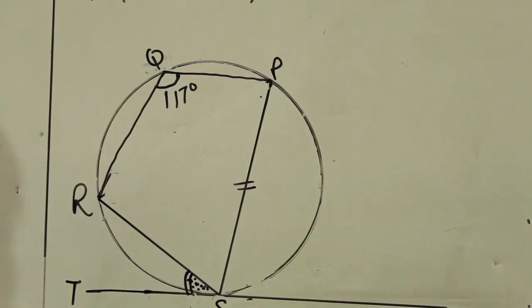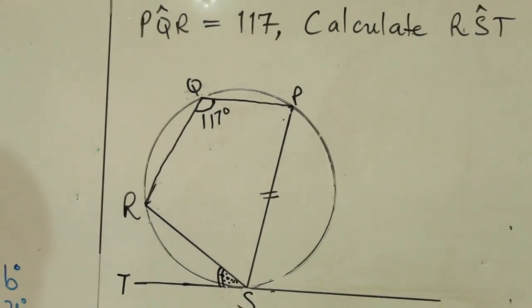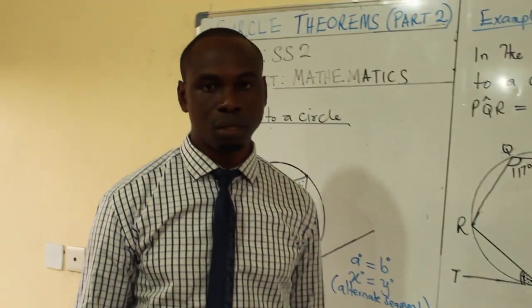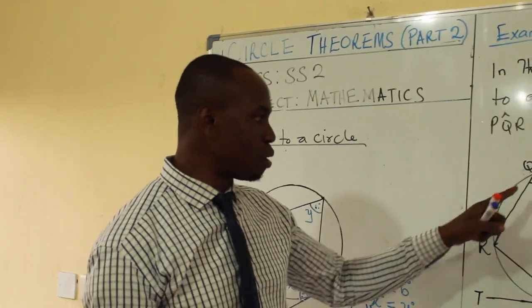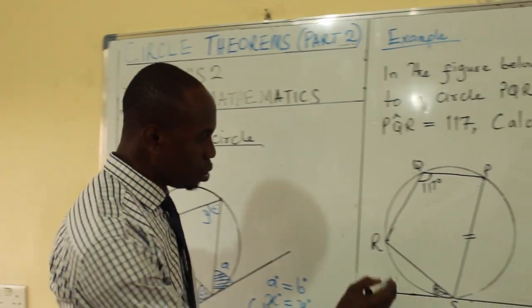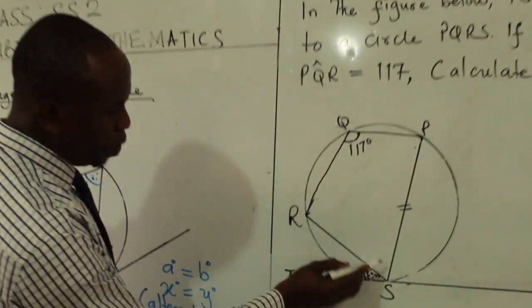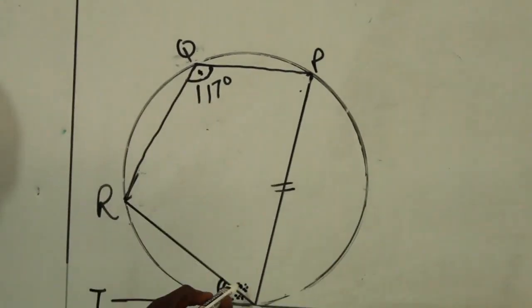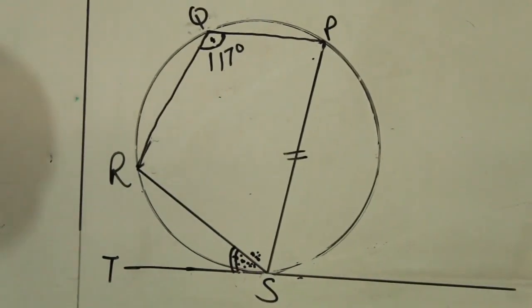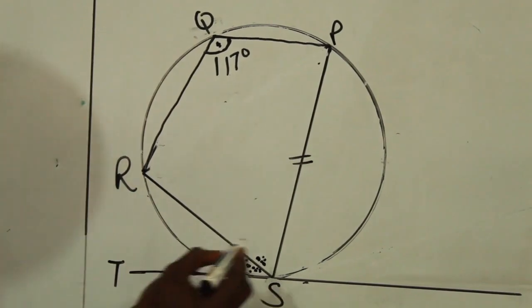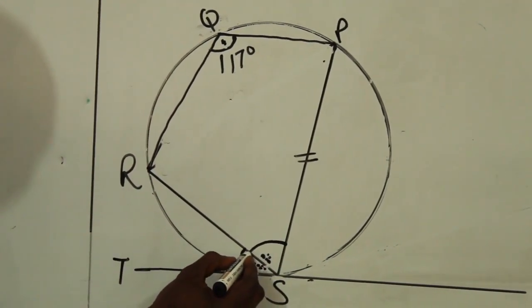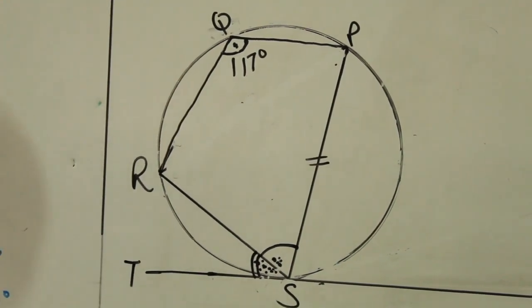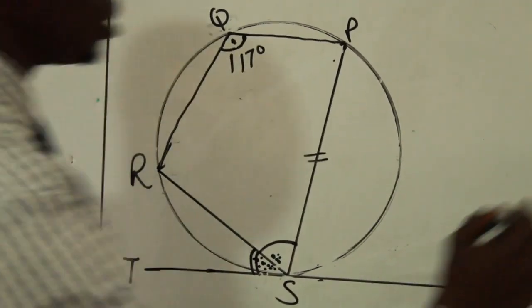And remember the property of the cyclic quadrilateral, which says that opposite angles of a cyclic quadrilateral are supplementary. So this angle here added to this angle here give 180. So I have this angle here to be equal to 63. How do I write that? I say solution.